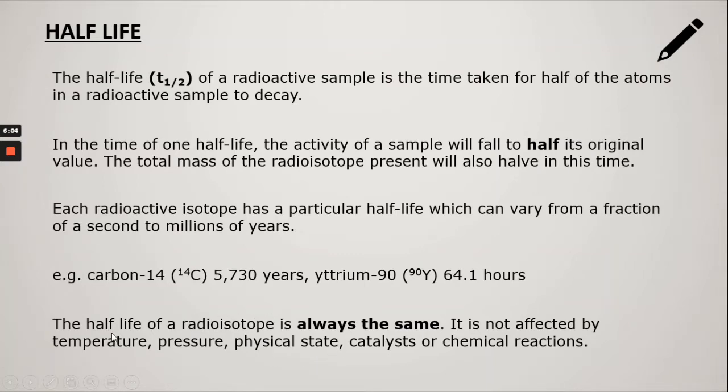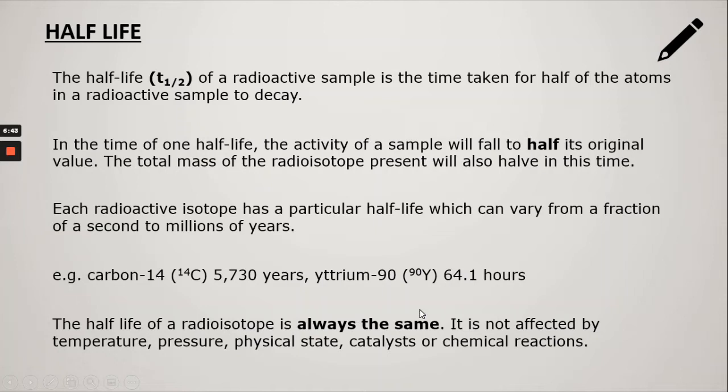Another reason why the half-life is always the same, and the reason why it can be so different for different nuclei, is it's really down to quantum physics. You'd have to look into this in a lot of detail to really understand, but there's a probability associated with any particular nucleus decaying, and the probability depends on the structure of the nucleus, the number of protons and neutrons, etc. So that's why the half-life of a radioisotope is always the same.